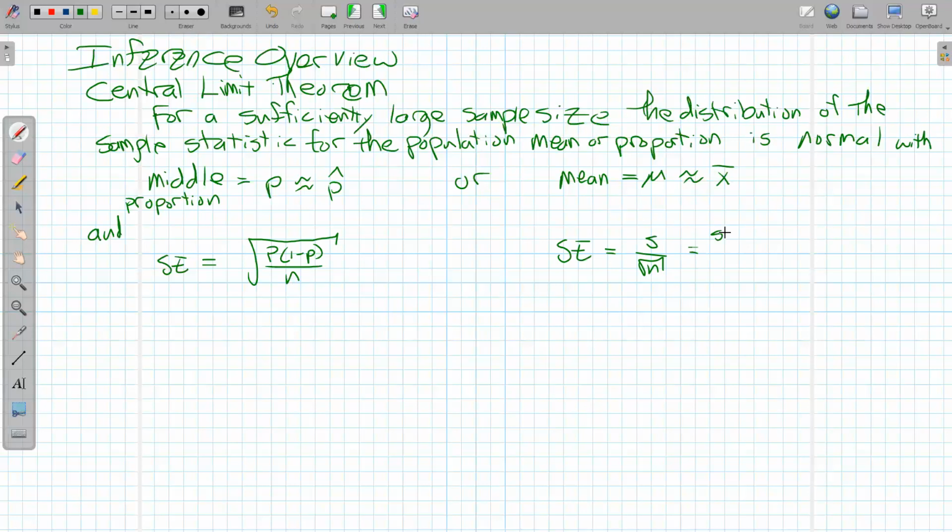S stands for sample standard deviation. And N is the sample size. So on the bottom, we have the square root of the sample size. So that's kind of the essence of the central limit theorem.